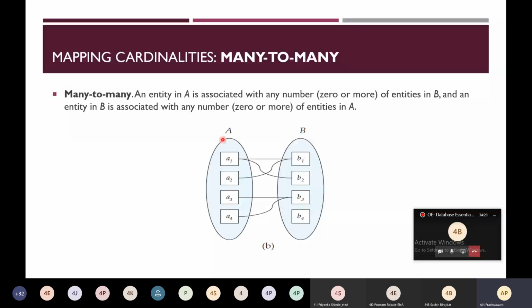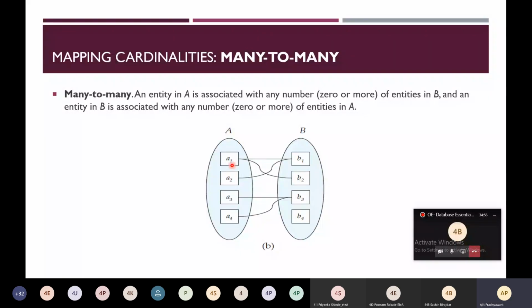A1 is associated with B1 as well as B2. Whereas B1 is associated with A1 and again with A2. There is a many to many relationship between these entities.